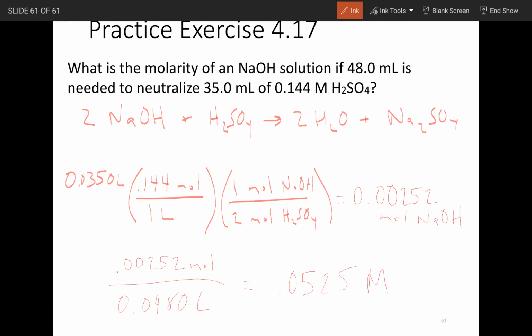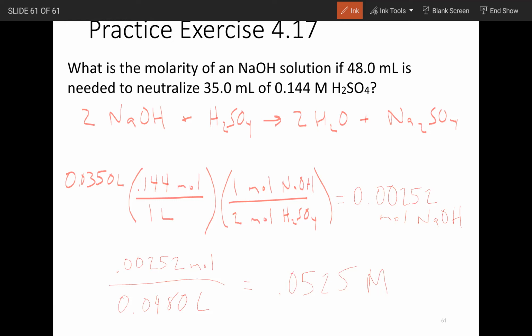And with this, you can always double check just to make sure it seems reasonable. Because we've got a larger volume of sodium hydroxide, so it makes sense that the concentration is going to be a little bit lower there. And essentially, we have 2 moles of sodium hydroxide per every 1 mole of sulfuric acid.